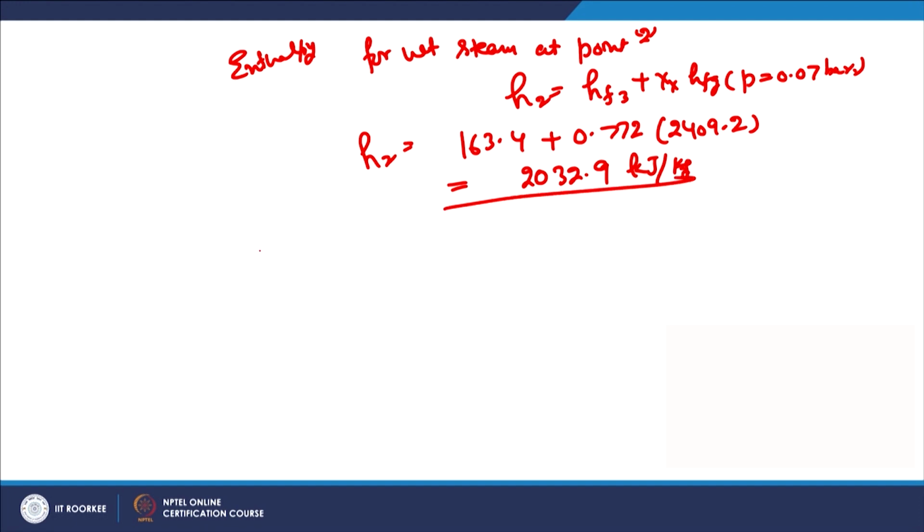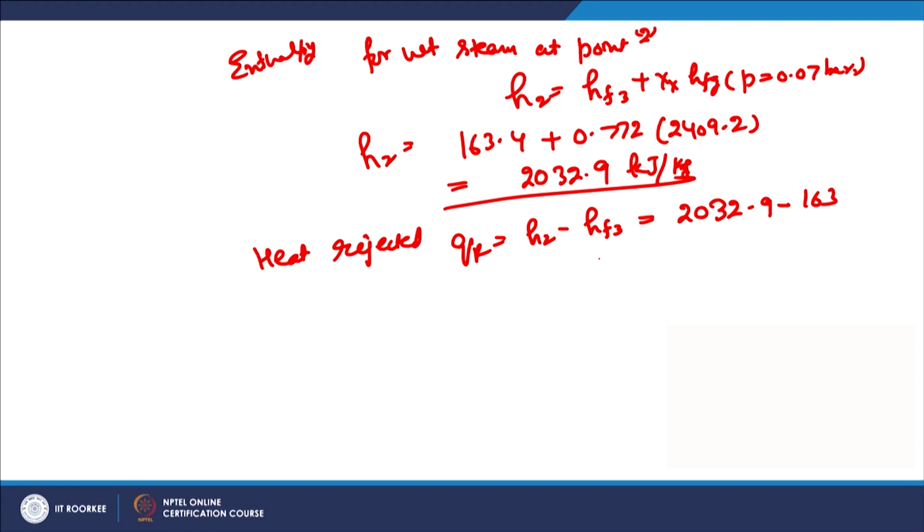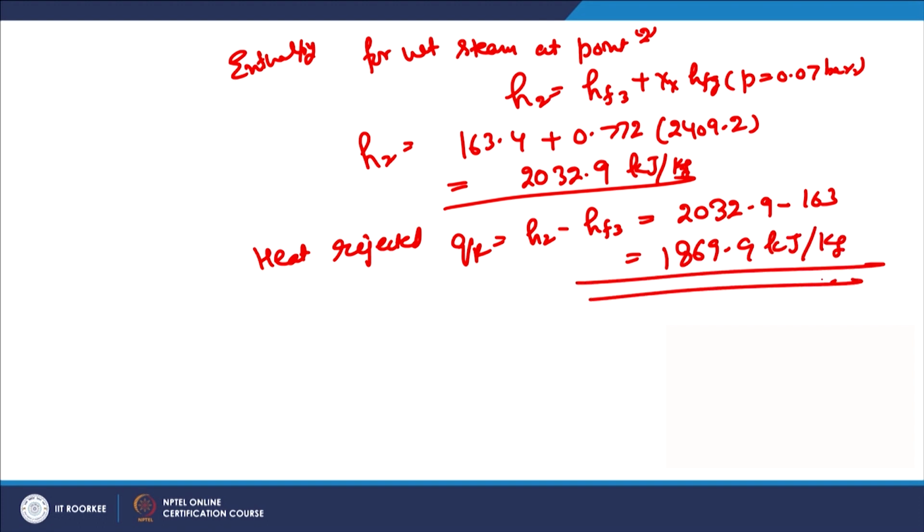By this way we can calculate the heat rejected, that is QR is equal to H2 minus Hf, that is equal to 2032.9 minus 163, which comes out to be 1869.9 kilojoule per kilogram, and that is the answer.